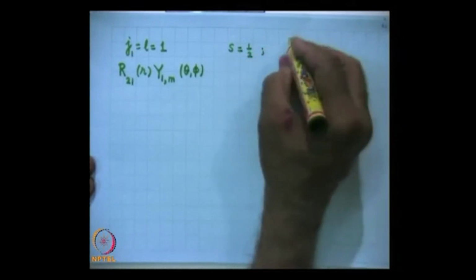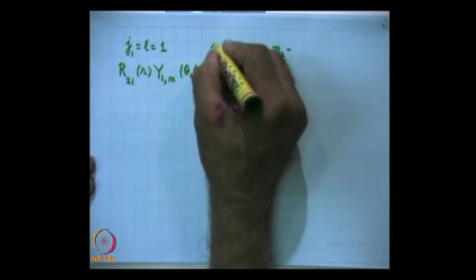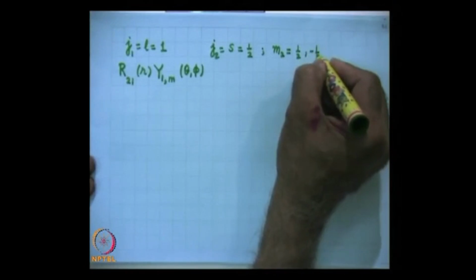So, the M2 value, this is J2, M2 value can take half and minus half.